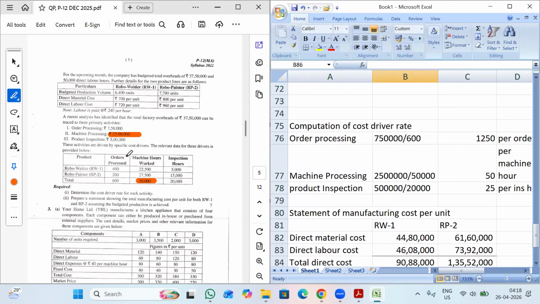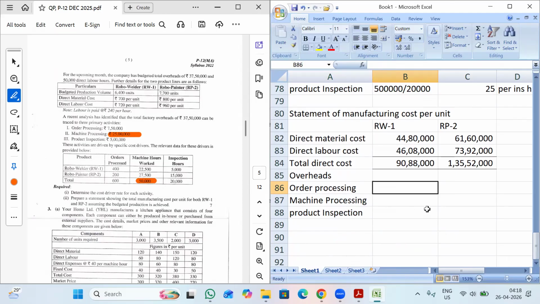So for RW1 we are having 400 orders. So now I need to calculate 1,250 per order into how many orders are required for RW1? That is 400 orders. So we will be getting 5 lakhs. Here 1,250 into how many orders am I required here? 200. So into 200. That means 2,50,000.